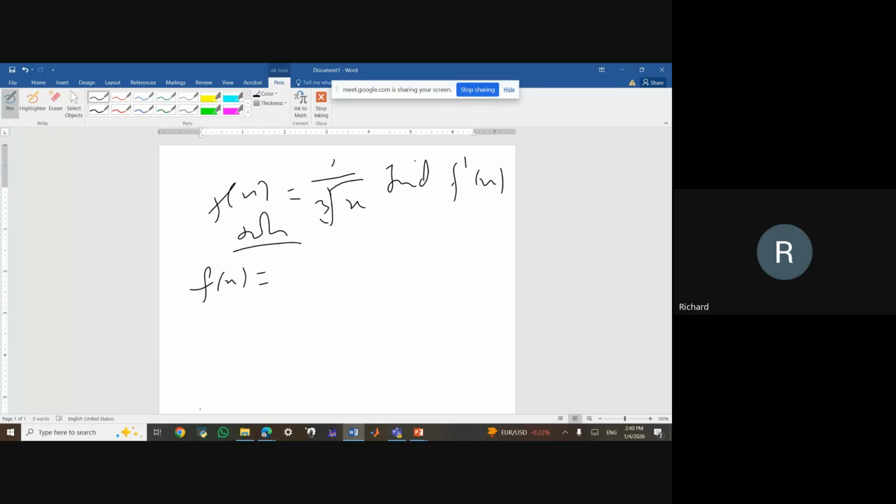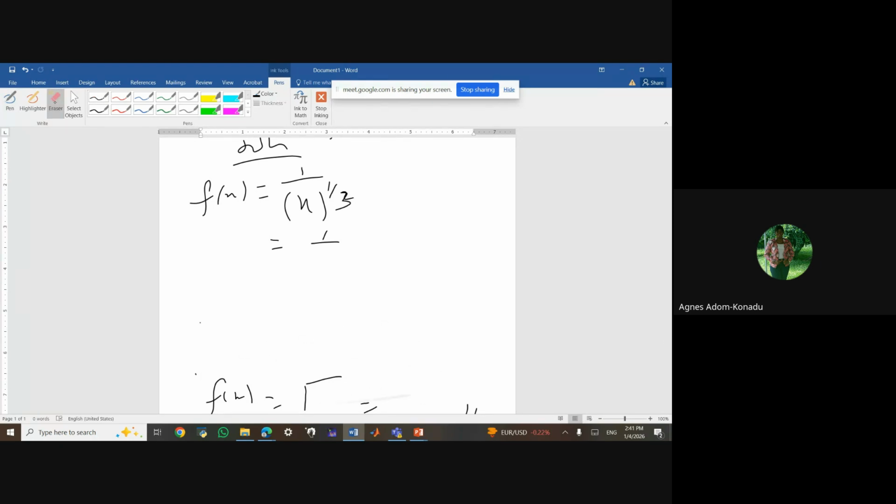So 1 over x to the power 1 over 3 is the same as x to the power negative 1 over 3. Negative 1 over 3. Okay.